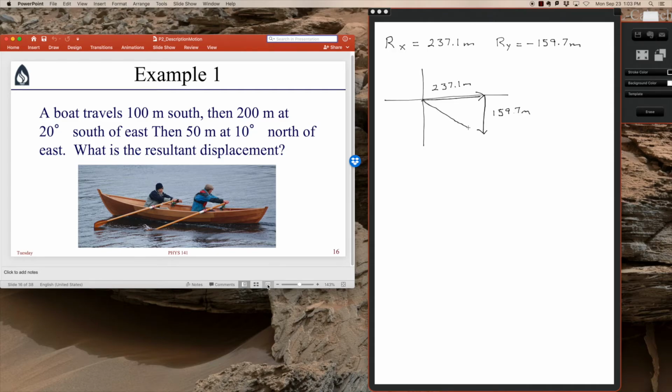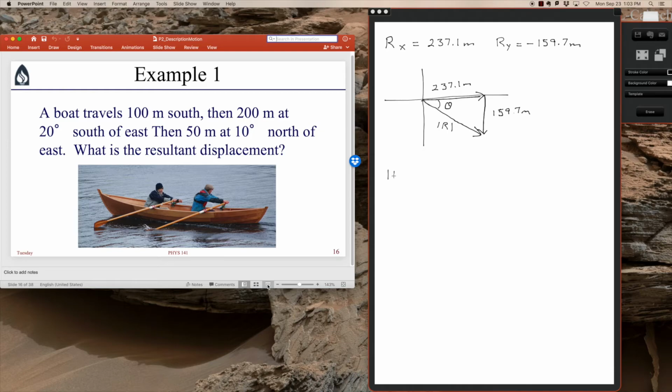Here is my resultant vector, and it's going to have some magnitude or length, and it will also be at some angle with respect to the positive x-axis. So first, let's find the length of my resultant vector.